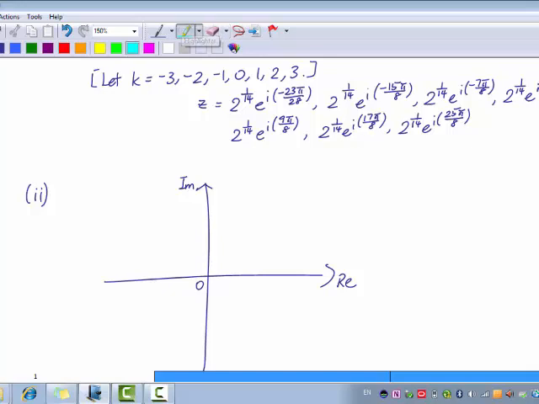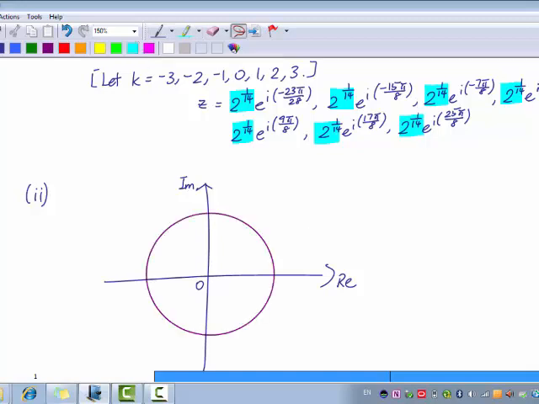First of all, notice all the roots have the same modulus, which means they have the same distance from the origin. That will give us a circle centered at the origin with radius 2 to the power of 1 over 14.